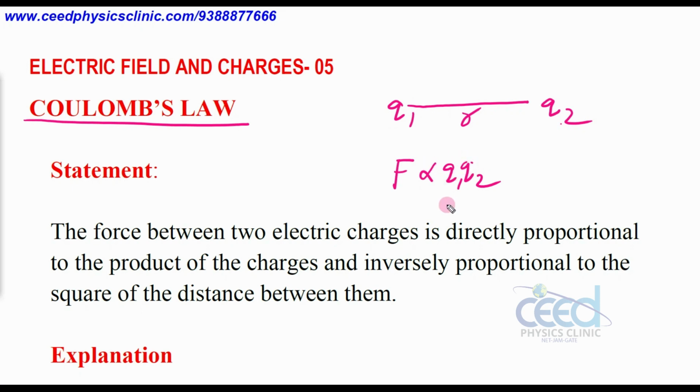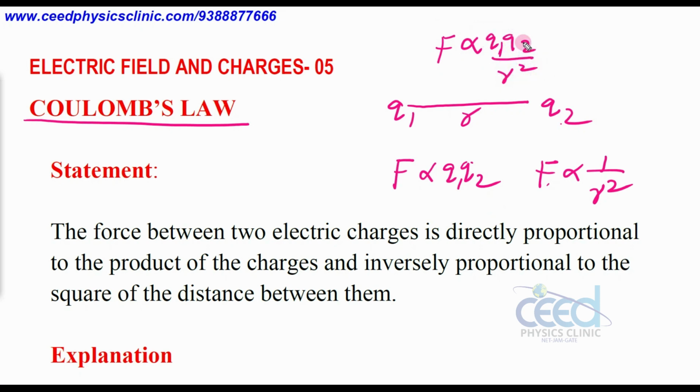Now, if the distance increases, what happens to this force? Obviously it will decrease, because this force is inversely proportional to the square of the distance between them. So together we can write F is proportional to q1 q2 by r square.